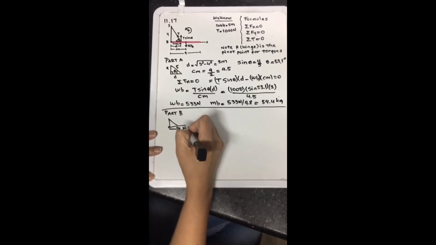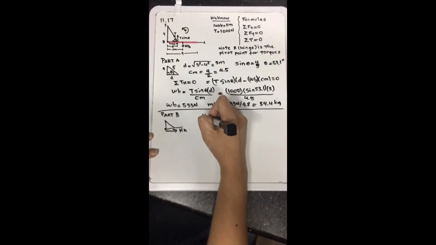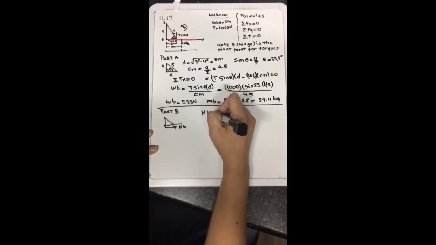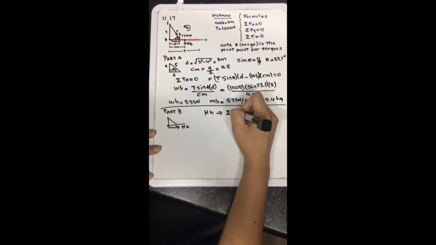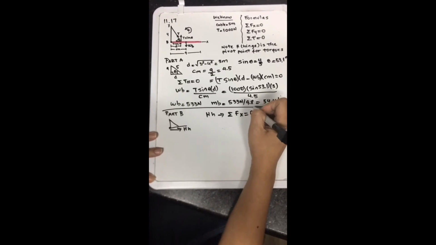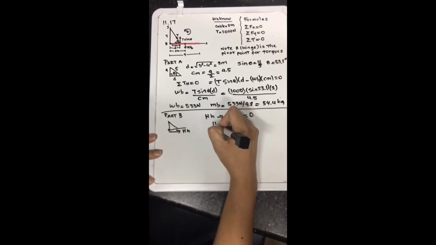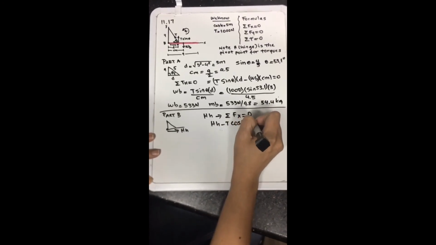Let's call it H sub H. We find it with the summation of forces in the x direction equal to 0, where H sub H minus T cosine of theta is equal to 0.